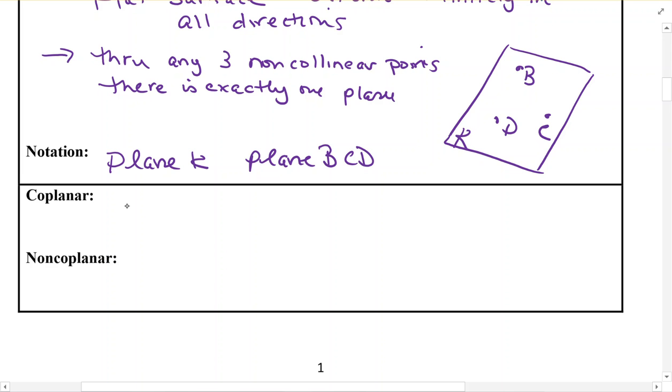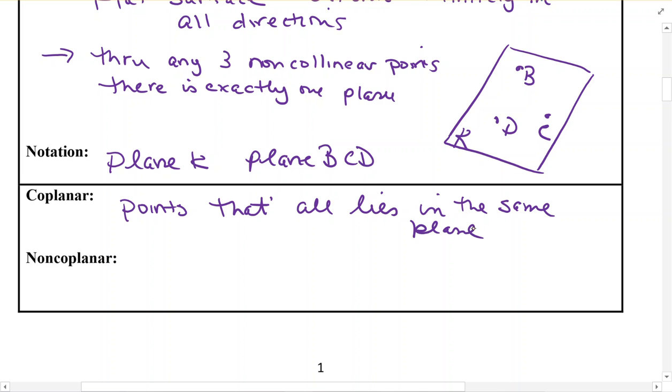Coplanar, points all lie in the same plane. And non-coplanar, the points do not all lie in the same plane.